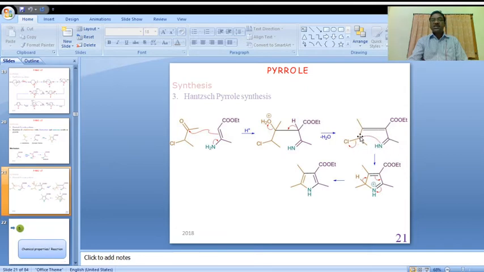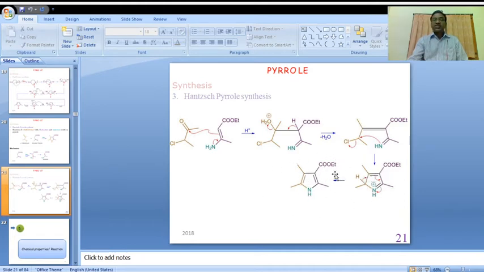Here cyclization takes place and loss of halogen, we will get this type of intermediate. From this, here the nitrogen positive charge is neutralized by rearrangement of pi electrons.